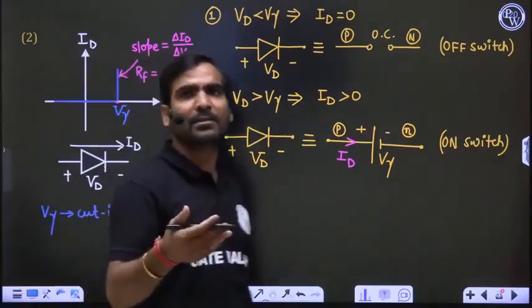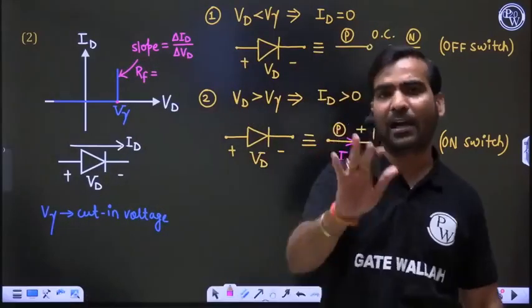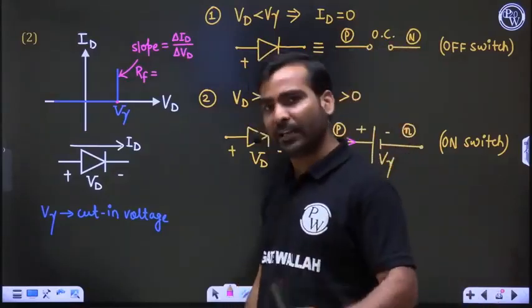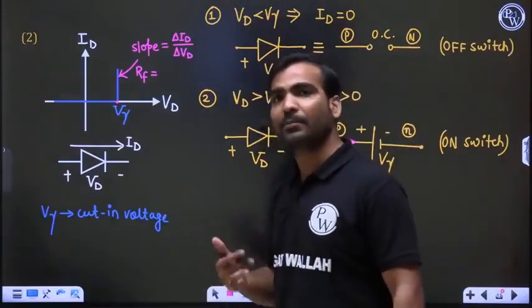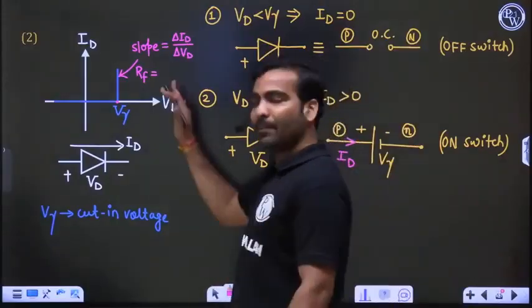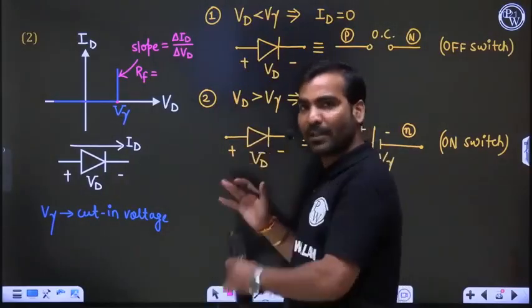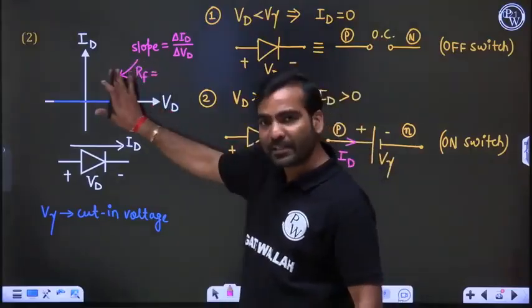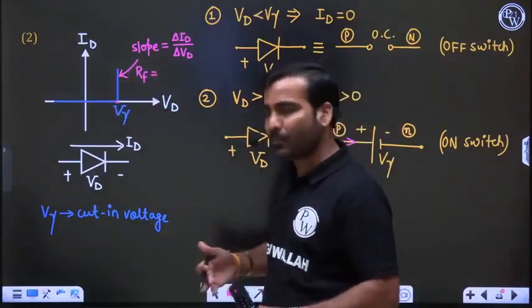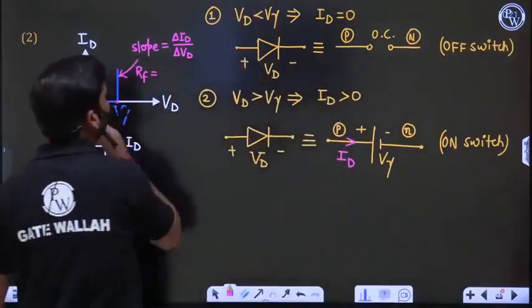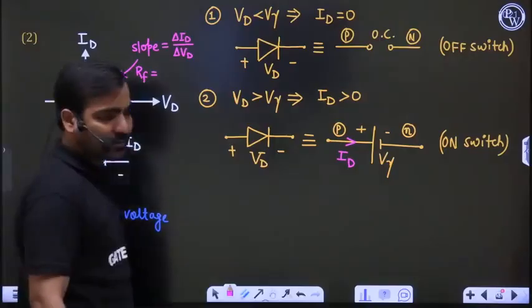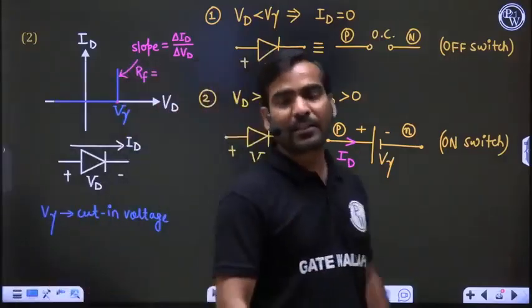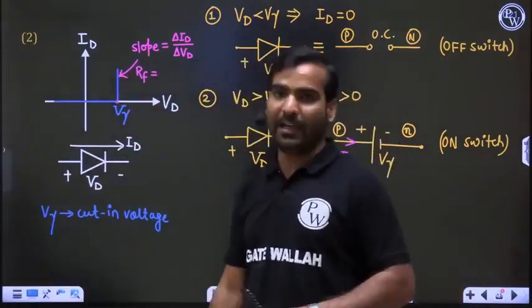My interest, I am giving some name RF. You can give the name R, R theta, R lambda. And if your name is starting from S, you can give the name RS. No problem. So RF I am giving because I am dealing with the forward bias diode. This portion where VD is positive, it is known as forward bias. So RF will be equal to how much? Resistance. What is the definition of resistance? In the 8th class, resistance is V upon I.